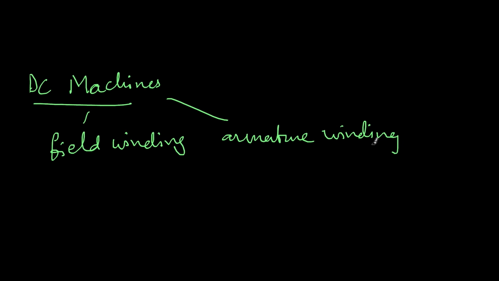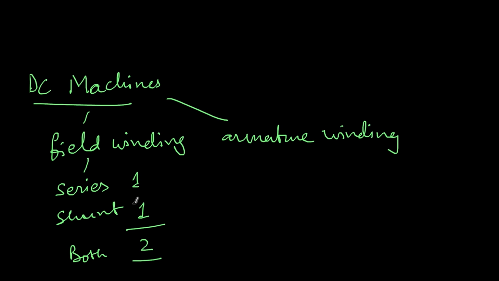As you know, the field winding is used for generating the constant magnetic field, and the armature winding is used for actually generating the voltage and carrying the main load current. Under field winding, you may have only a series field winding or a shunt field winding. Sometimes you find only a shunt winding, sometimes only a series winding, and sometimes both shunt and series windings. So either one winding or two windings you can find in a DC machine.